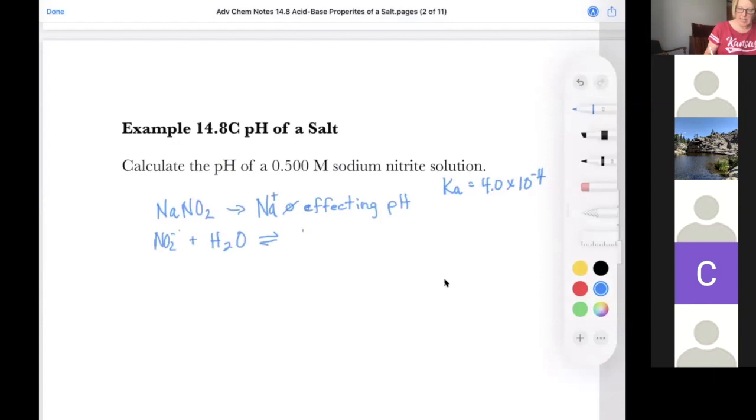It produces HNO2 plus OH. The Kb, since this is a basic reaction, is products, HNO2 times OH, over reactants. Remember, you don't have to put the water.